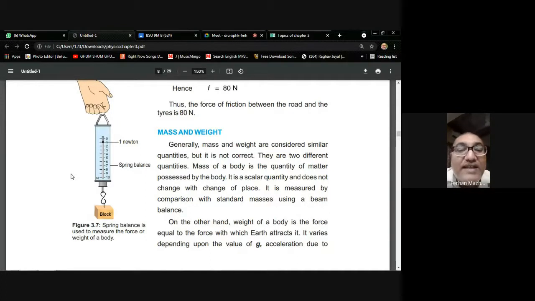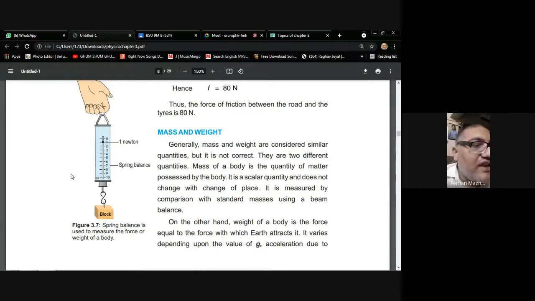So you understand, the mass does not change. It does not depend upon the location of the body. Whereas the weight depends upon the value of G at that location. If the value of G is less, the weight will be less. If the value of G is larger, the weight will be larger.